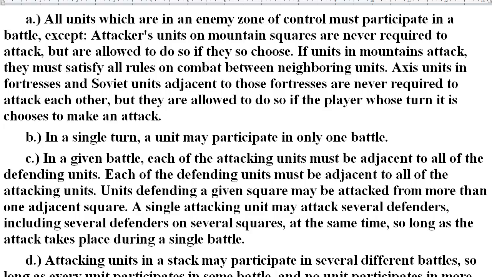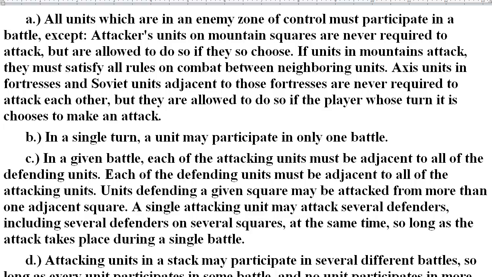However, if you have units in a fortress, or if you have units adjoining the fortress, and there are enemy units on the other side adjoining or in the fortress, you may choose to make an attack. If the units in the fortress attack, they must attack all adjoining units of the other side.